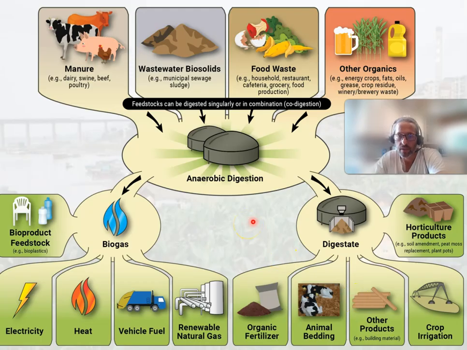So this is circular in that you take organic material that's then processed, and you're pulling out the methane using that, and then you're putting the organic material back into the soil.